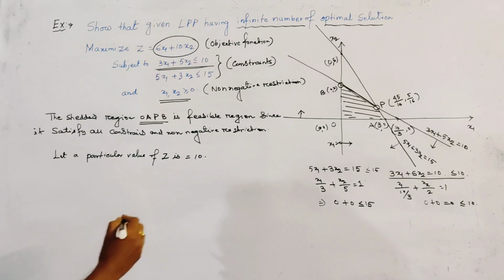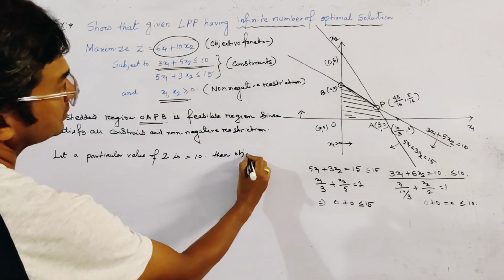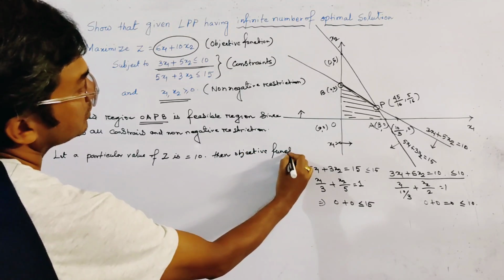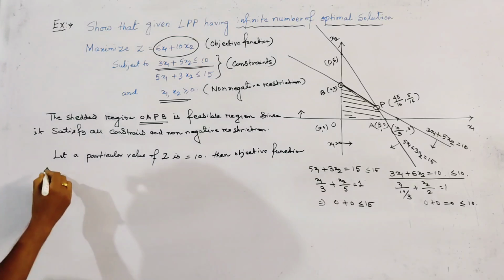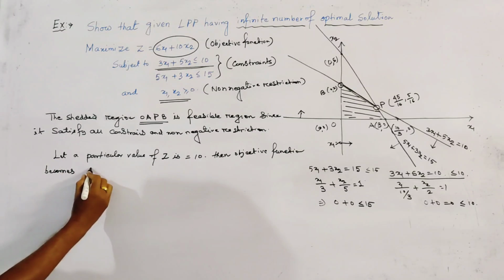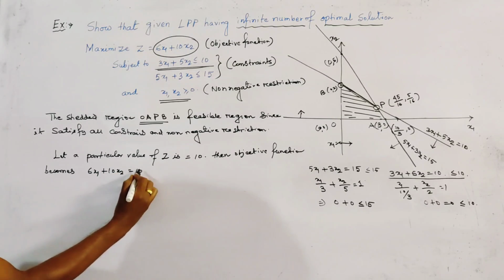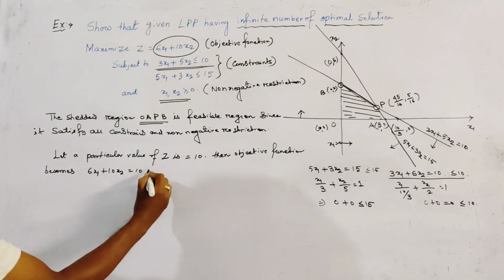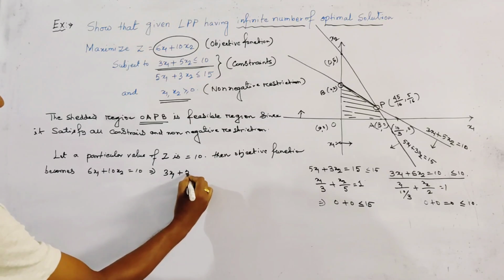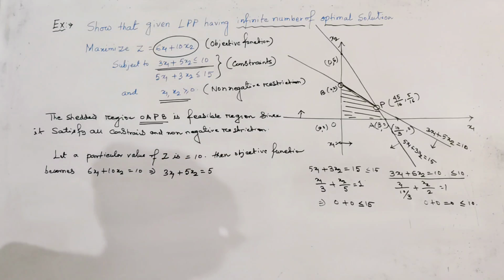Then the objective function becomes 6x1 plus 10x2 equal to z, and this is given by 3x1 plus 5x2 equal to 5.